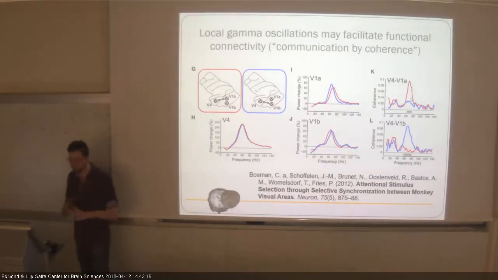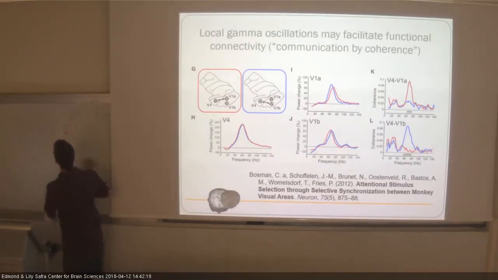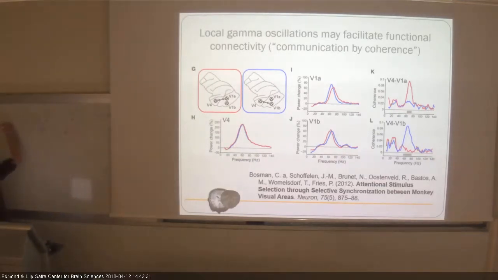All right. So what we're seeing is that in both areas, so if this is V1 1, this is V1 2, and this is V4, there's this oscillation here, and there's this different oscillation, the different phase. And V4, and these both have the same power, the same amplitude, because both stimuli are there.